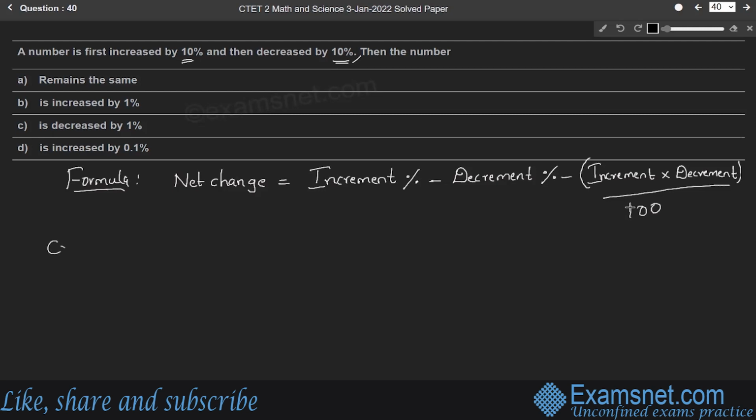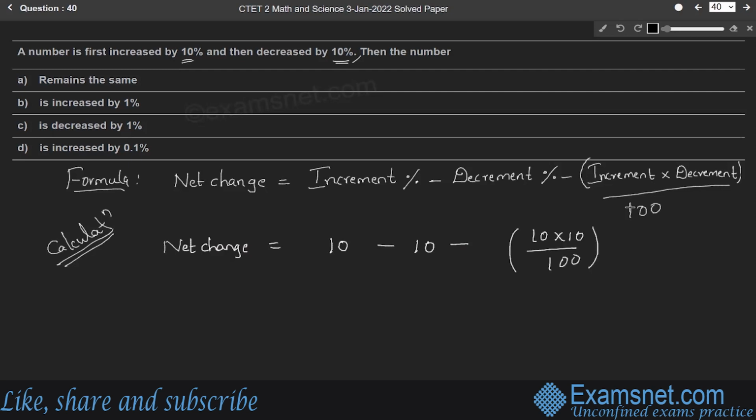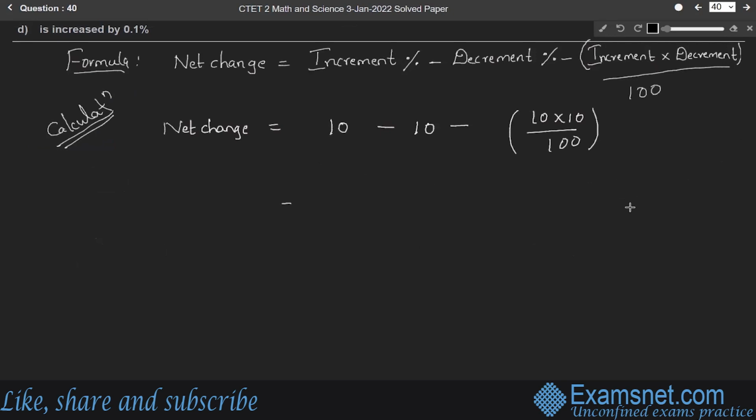So, the calculation part. Net change in the number is increment percentage, 10%, minus decrement percentage, also 10%, minus increment into decrement, which is 10 into 10 divided by 100, which is equal to 10 minus 10 is 0.